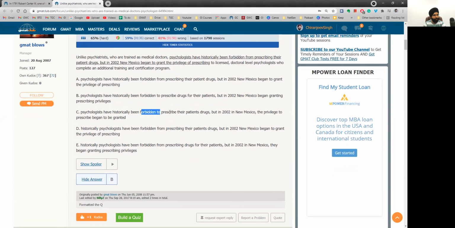Have been forbidden to prescribe drugs for their patients, prescribe their patients drugs. But in 2002, in New Mexico, the privilege to prescribe began to be granted to these psychologists.